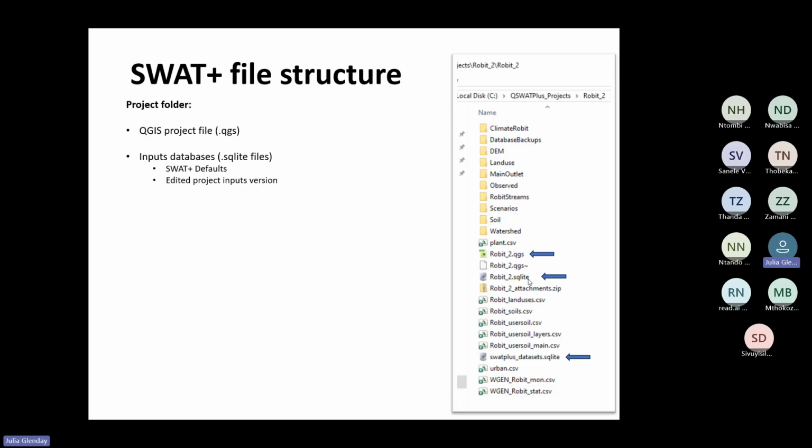I don't know if anybody's worked with Microsoft Access as a database program. Database programs are similar to spreadsheet programs. It's just that there are links between the different tables.